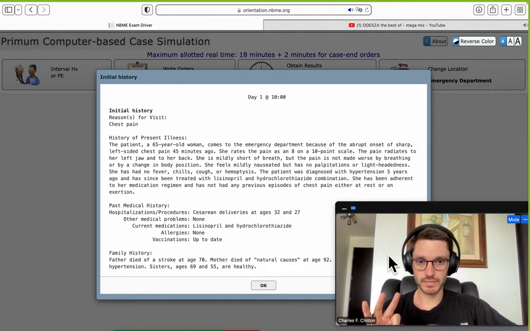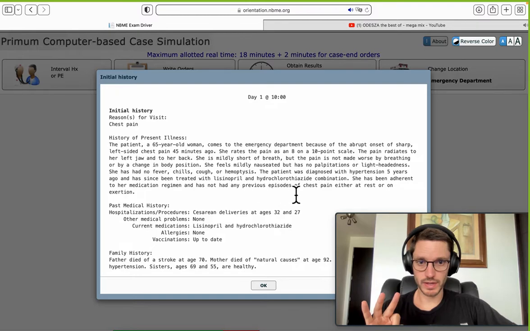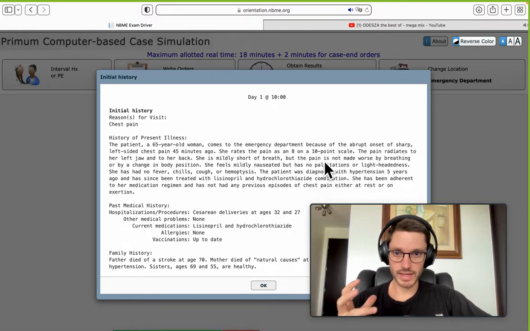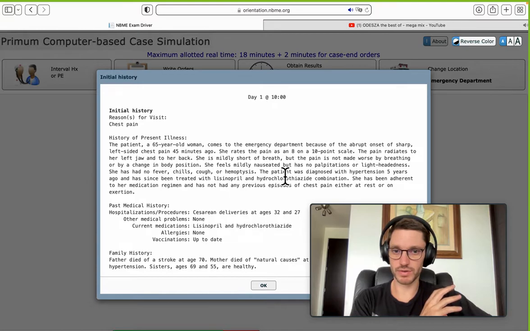It has typical characteristics, but it hasn't said anything about what happens when she exerts herself or nothing about nitroglycerin. So we can't define this yet as typical or atypical, which would be 2 out of the 3 angina criteria. So that's what we'll check out. But this is very suggestive of coronary artery disease.